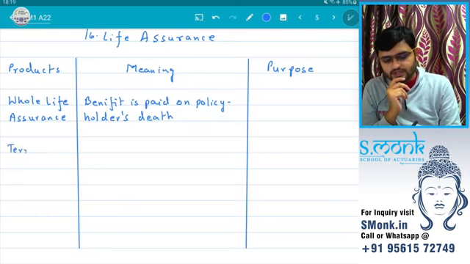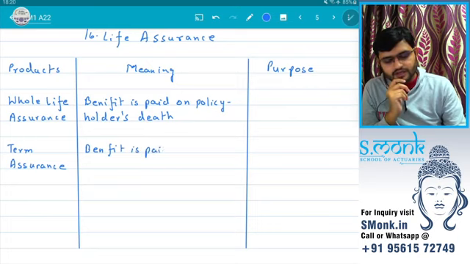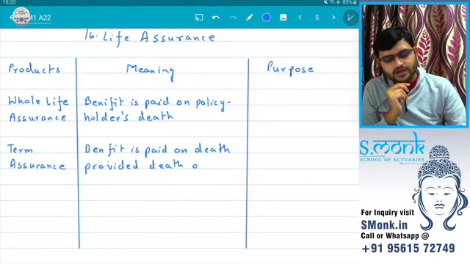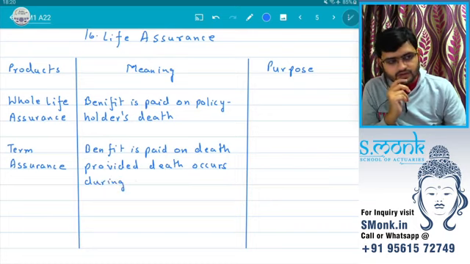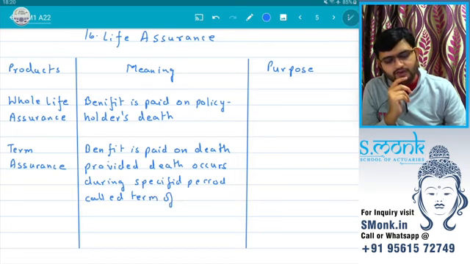The second product is term assurance. In term assurance, we say benefit is paid on death, provided the death occurs during a specified period called the term of the contract.